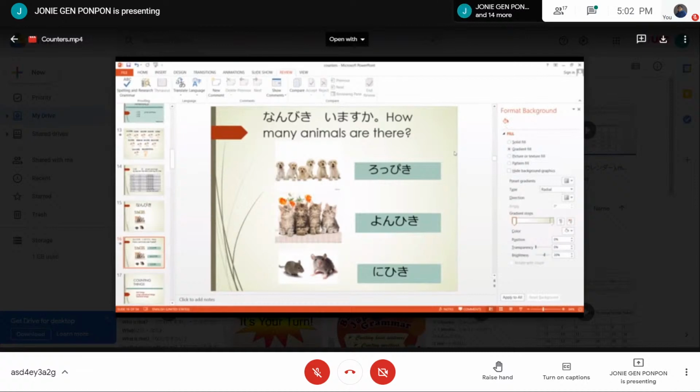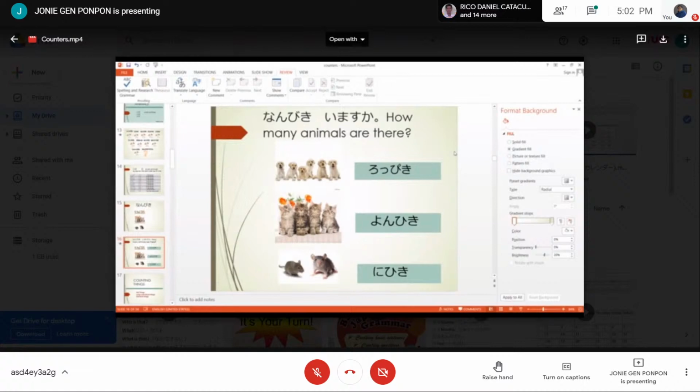And for the arimasu ka is for non-living things. So, ikutsu arimasu ka, nanko arimasu ka, nandai arimasu ka. So for non-living things yung arimasu ka. Let's say, if you say, ringo wa ikutsu arimasu ka?